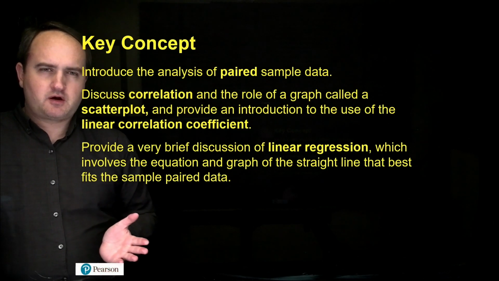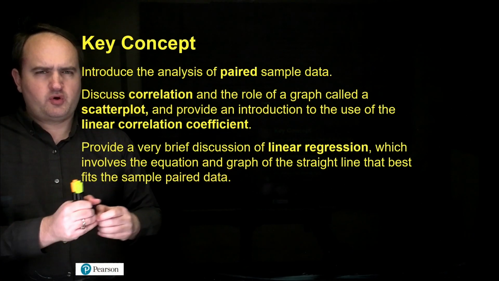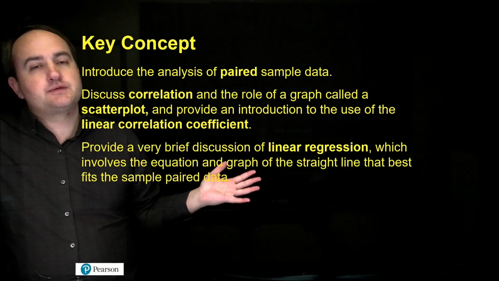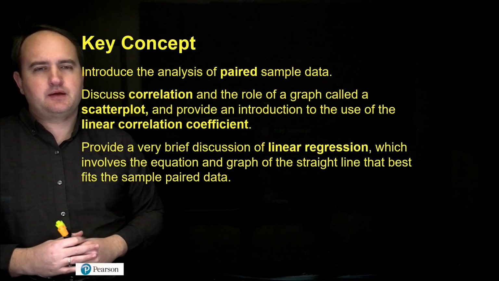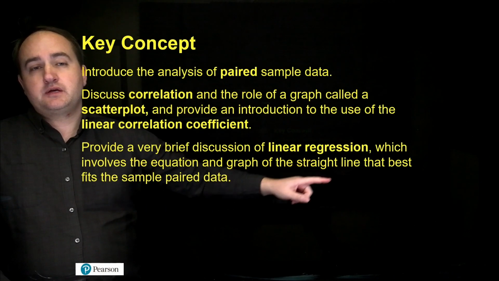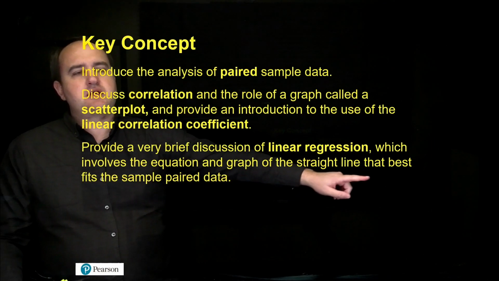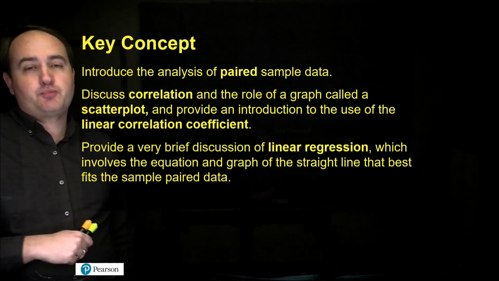So does our graph seem to follow a straight line pattern, or is it just all scattered all over the place? So that's the idea there. And very briefly, we'll talk about linear regression, which involves the equation and graph of the straight line that best fits the sample paired data.